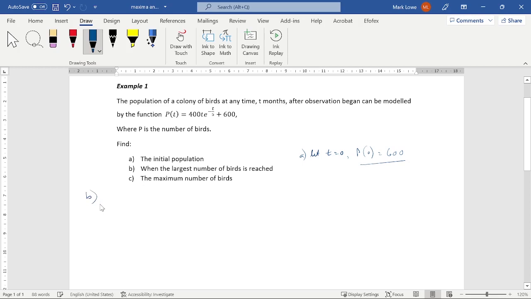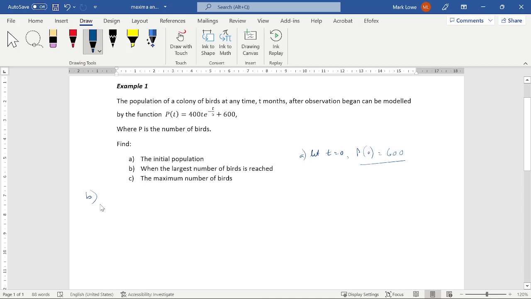The second part, when the largest number of birds is reached, the key word there is the largest number. So you need to be thinking, okay, we're dealing with a calculus problem here. A maximum corresponds to a maximum turning point, if we just had it as a graph.